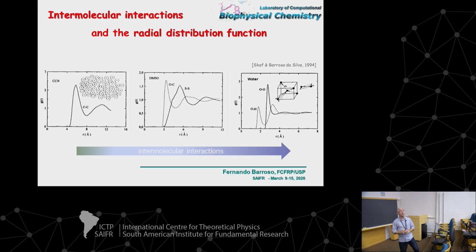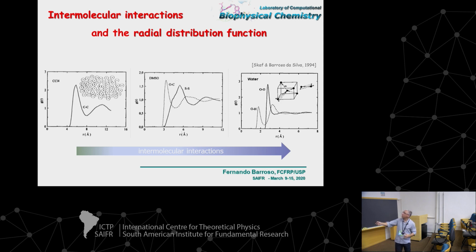But just back to what I mentioned about intermolecular interactions and the radial distribution function, we can compare, for instance, different solvents. So here we have carbon tetrachloride, an apolar solvent. We have DMSO, which is like an attractive solvent. And here is one that probably everybody knows, water, which can also make very strong hydrogen bonds.